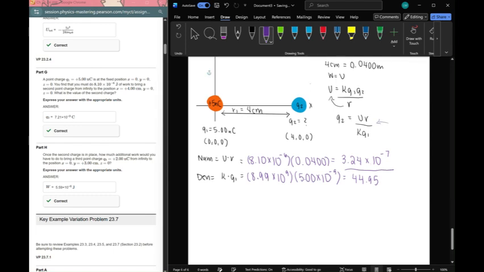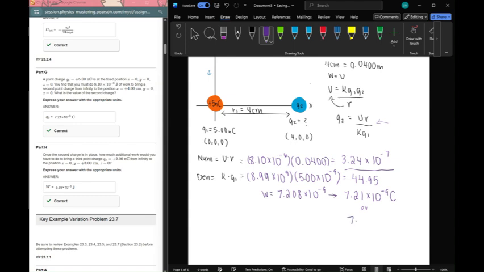So the numerator divided by the denominator, let's put that in the calculator. And I got 7.208 times 10 negative 9. So we are going to round it to 7.21 times 10 negative 9 coulombs.